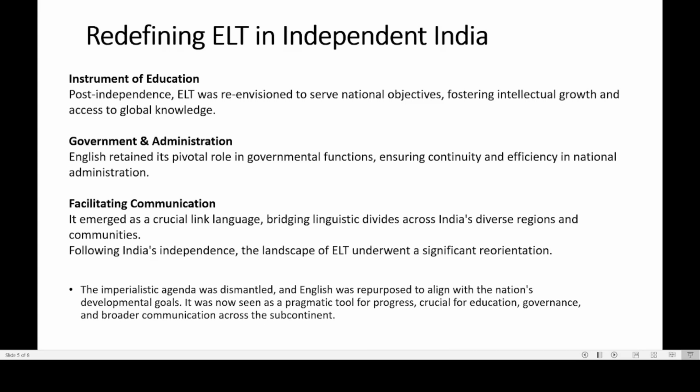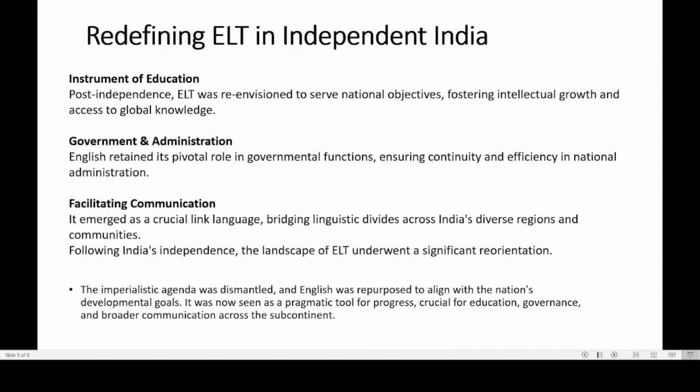English now had three important functions. The first function was instrument of education. So post-independence, English language teaching was re-envisioned to serve national objectives, fostering intellectual growth and access to global knowledge. The second role was in the government and administration.